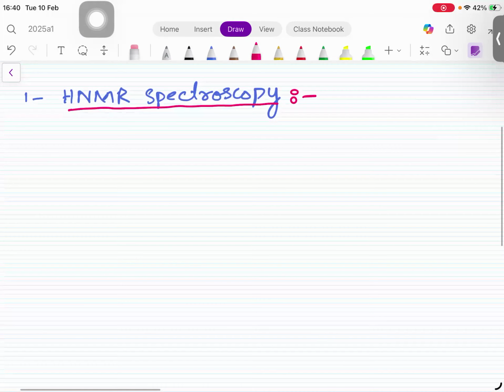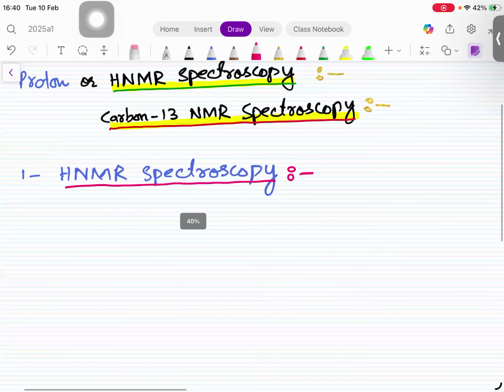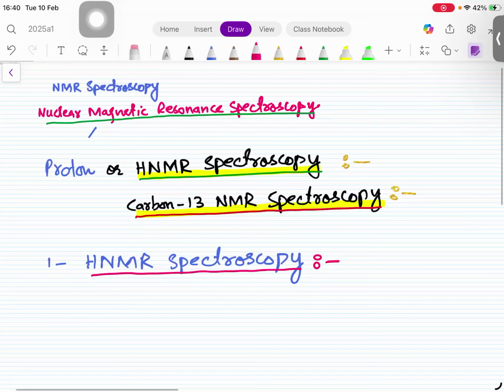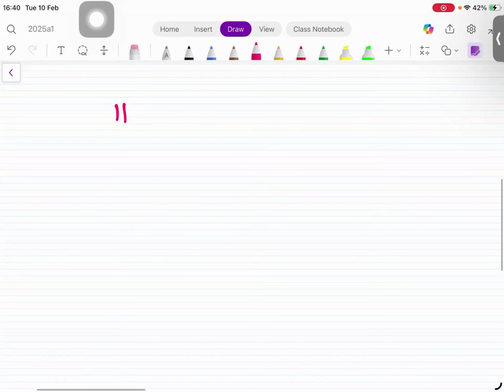Now, what this technique says, there's an atom of hydrogen. If I have an atom of hydrogen, its atomic number is 1 and atomic mass is 1. So how many protons? 1. How many electrons? 1.